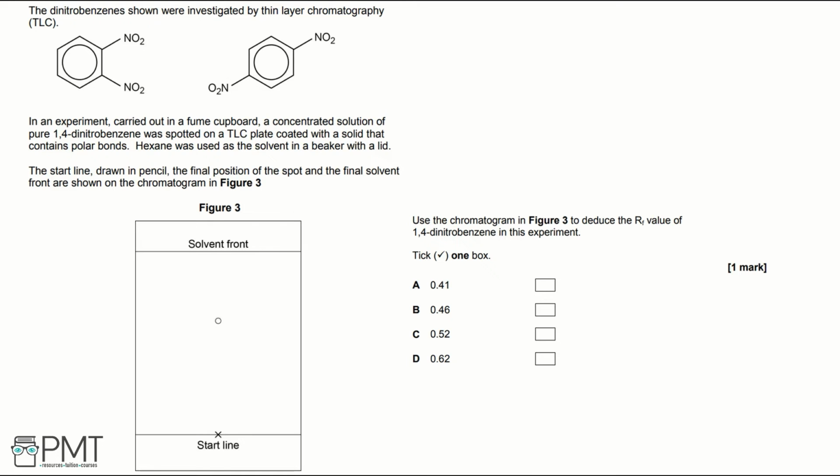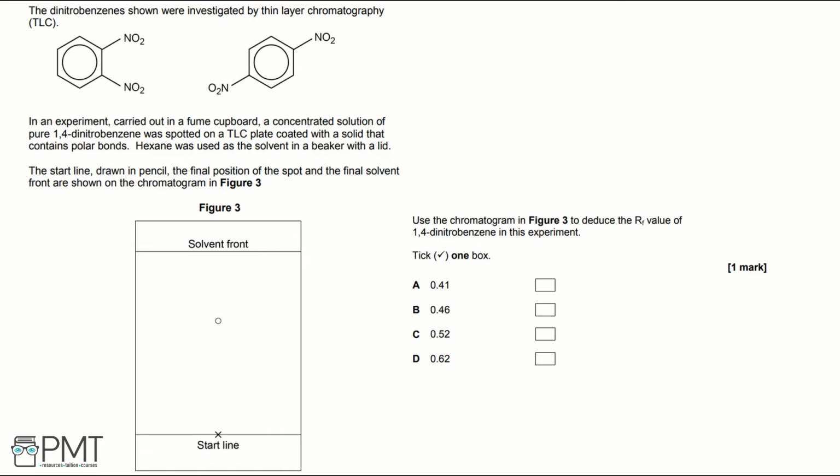The dinitrobenzenes shown were investigated by thin layer chromatography, or TLC. In an experiment carried out in a fume cupboard, a concentrated solution of pure 1,4-dinitrobenzene was spotted on a TLC plate coated with a solid that contains polar bonds. Hexane was used as the solvent in a beaker with a lid.